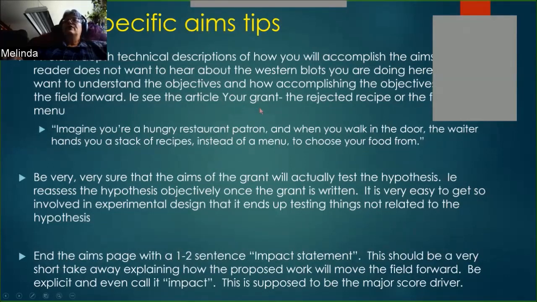One of my favorites is "Your grant, the rejected recipe or the funded menu." And this is basically the difference between comparing a cooked food item to a stack of recipes. So a description of a cooked food item, you're going to buy it, but if you're only presented with the recipe for a baked chicken, you might not want to buy that baked chicken, but a really nice description of the baked chicken you would buy.